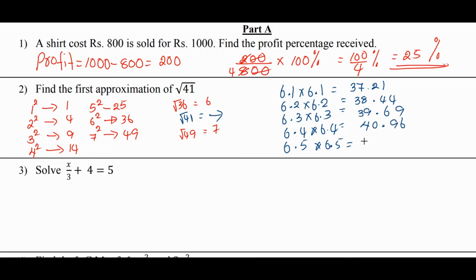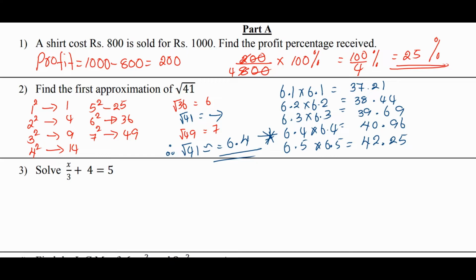Let's try one more time. 6.5 times 6.5 is 42.25. Right, then we are passing the value we need. Therefore, the suitable approximation value is 6.4 times 6.4. Therefore, the approximation value for root 41 is 6.4. This is the approximation method.